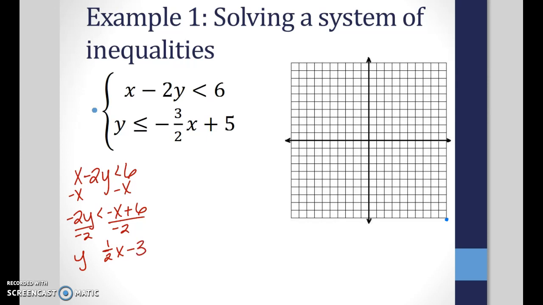And I didn't write the inequality sign because I divided by a negative, meaning I have to flip the sign. So just a reminder, if you divide by a negative or multiply by a negative, you will need to flip the sign. Graphing our equation here, we have our y-intercept at negative 3, and our slope is 1/2, meaning we're going to go up 1 to the right 2.